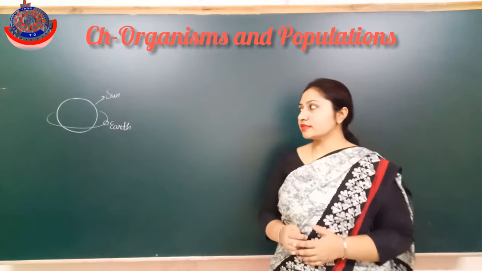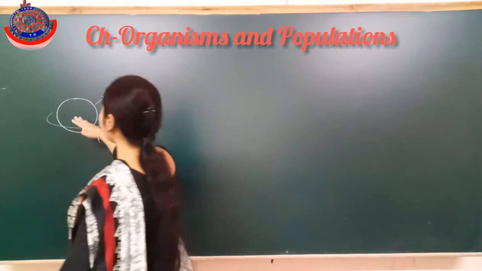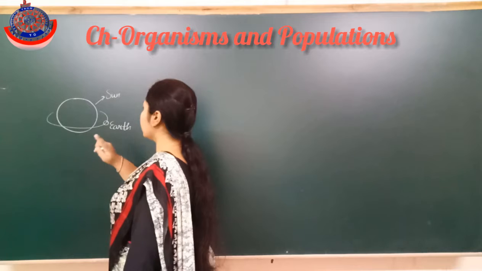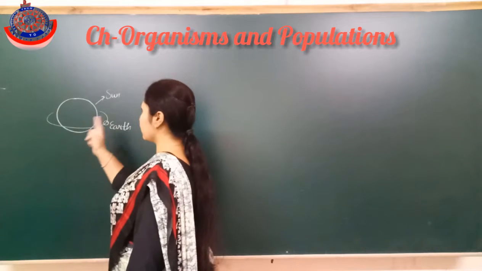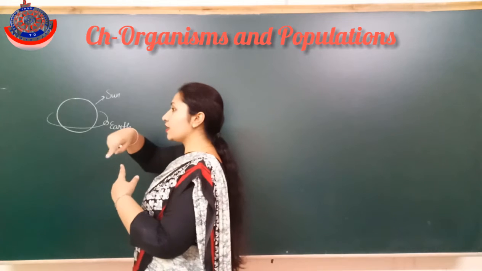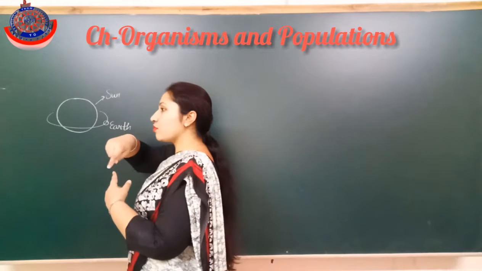How? Let's discuss. Here I have drawn a diagram of the sun, and the earth rotates around the sun, and it is also rotating over its own axis.